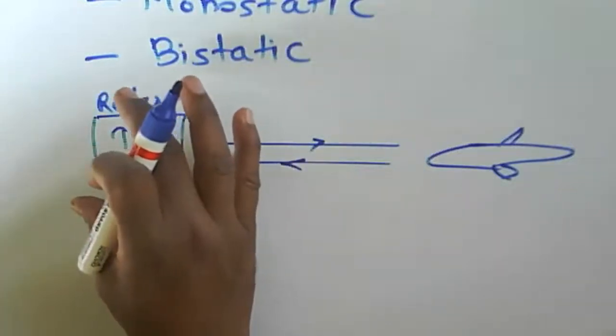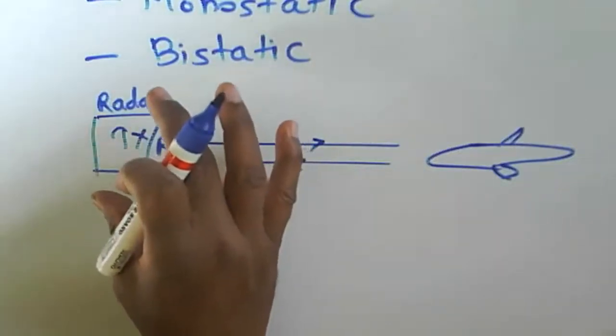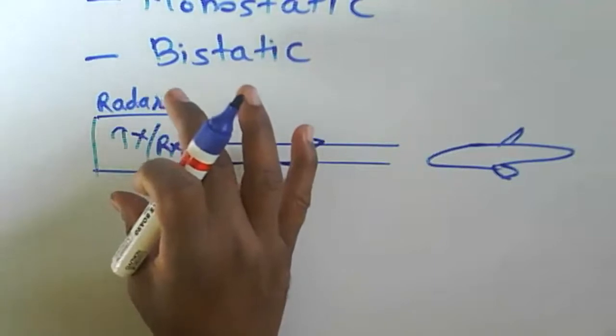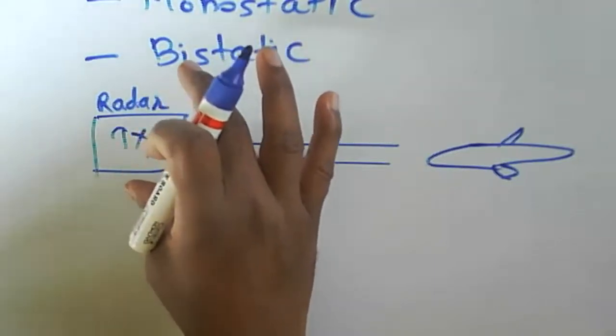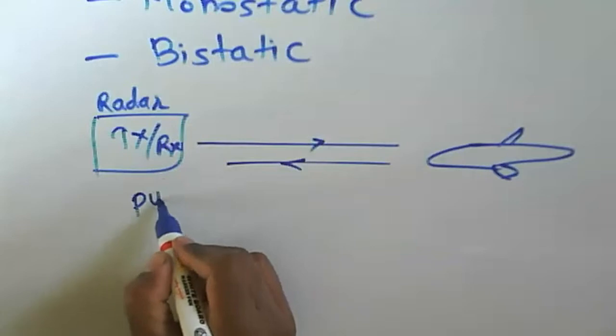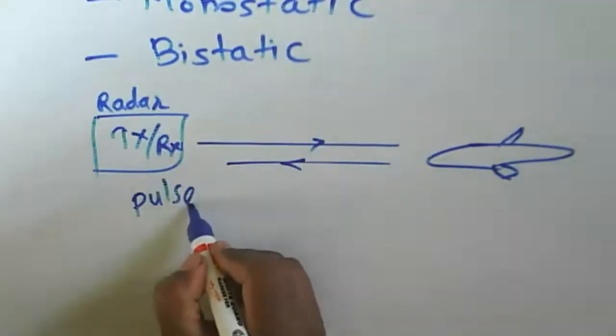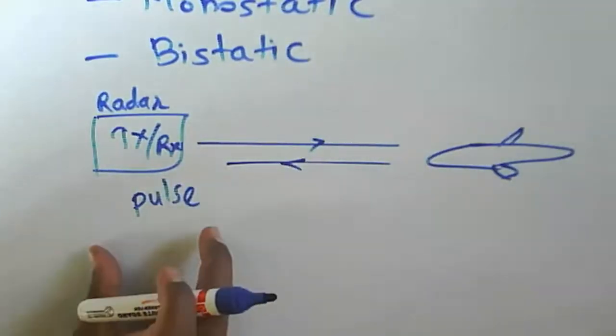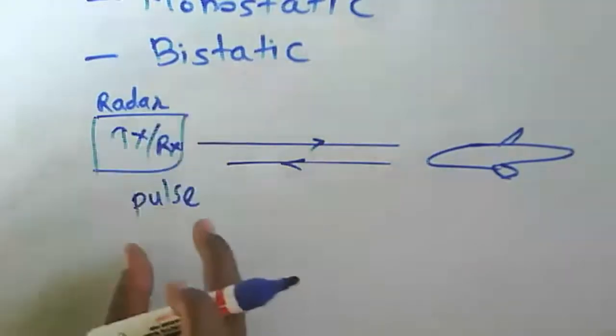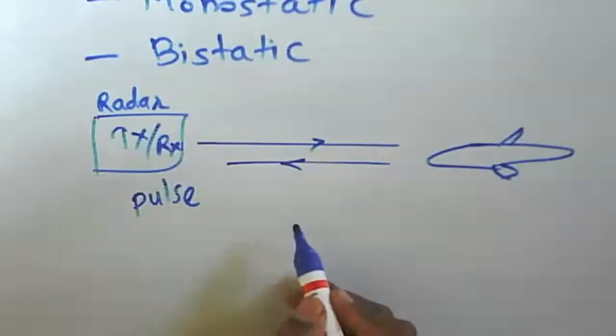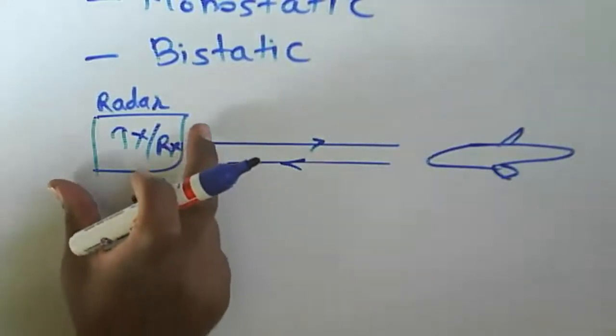Suppose we are sending a pulse. That pulse is transmitted by this radar itself, and the pulse is received by this same device itself.